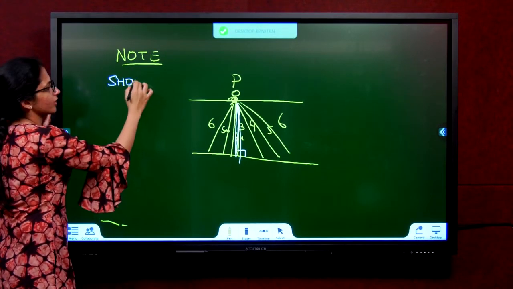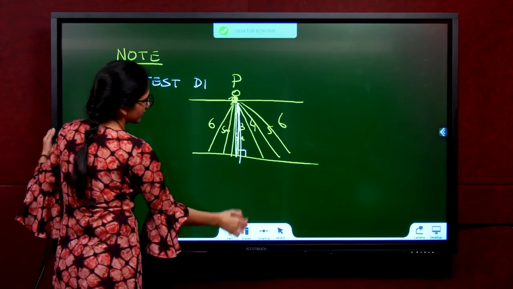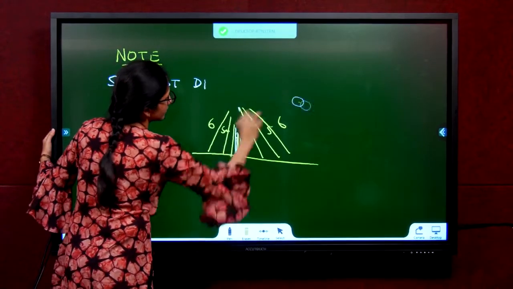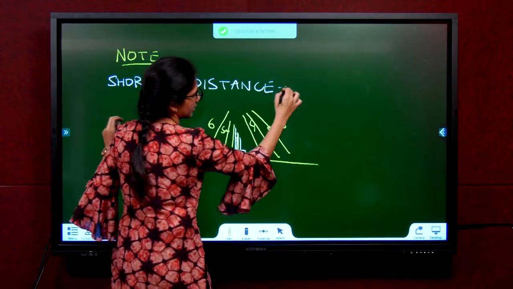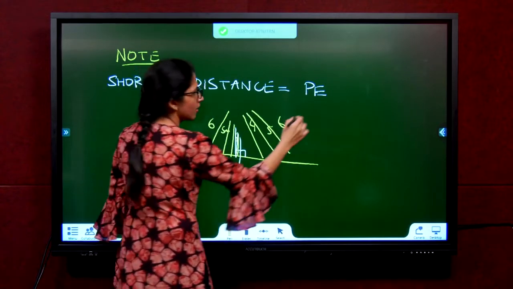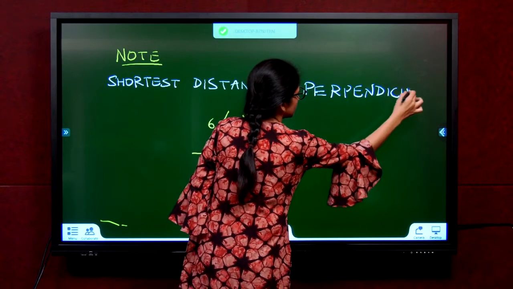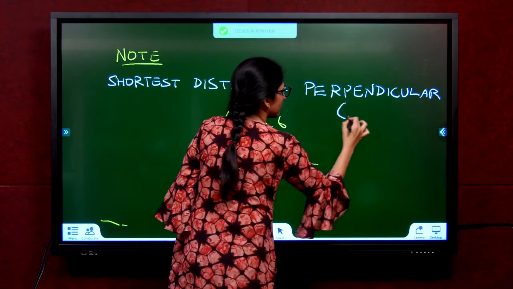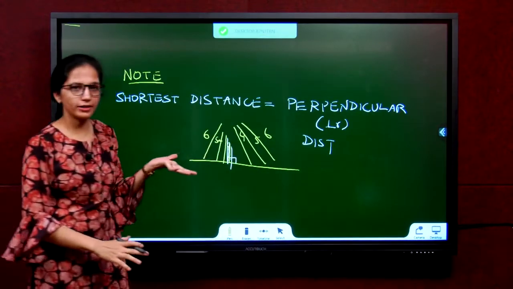This shortest distance is itself called perpendicular distance. Perpendicular meaning 90 degrees. The symbol of perpendicular is like this. I hope this point is clear.